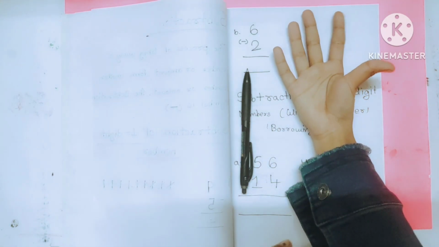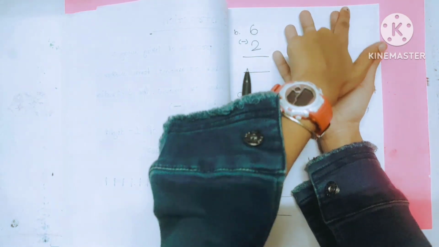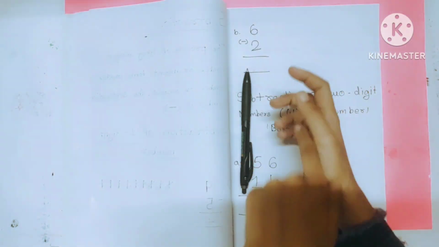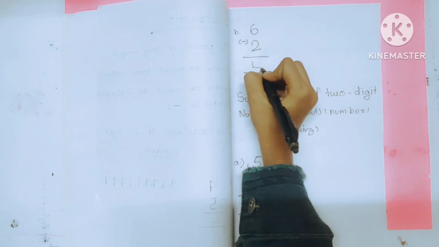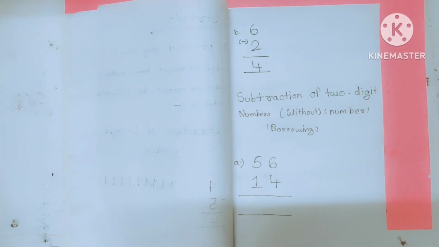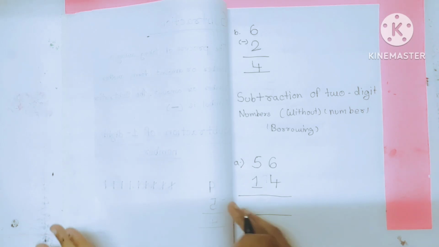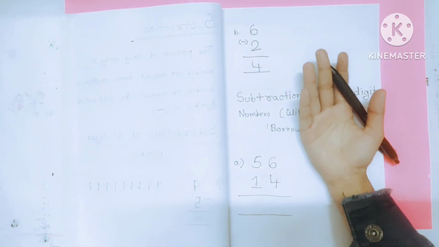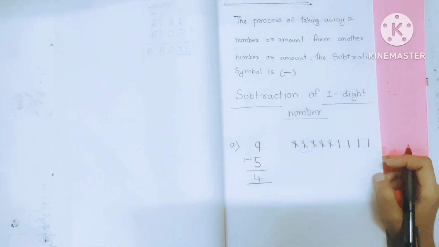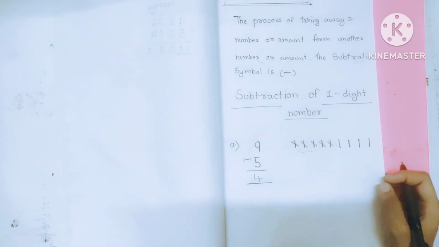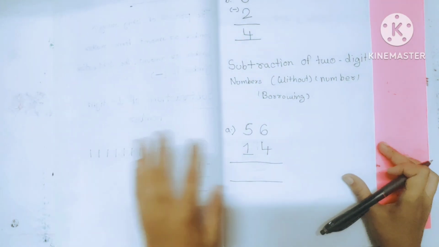So we counted 2 fingers. So how much came? 4. So 6 subtracted by 2 equals 4. That's how we did it with our hands, and before with the lines. That's what I told you about one-digit number subtraction.